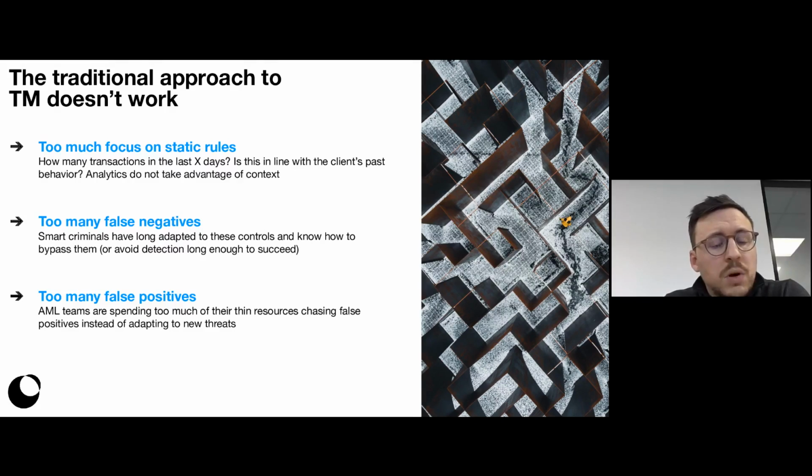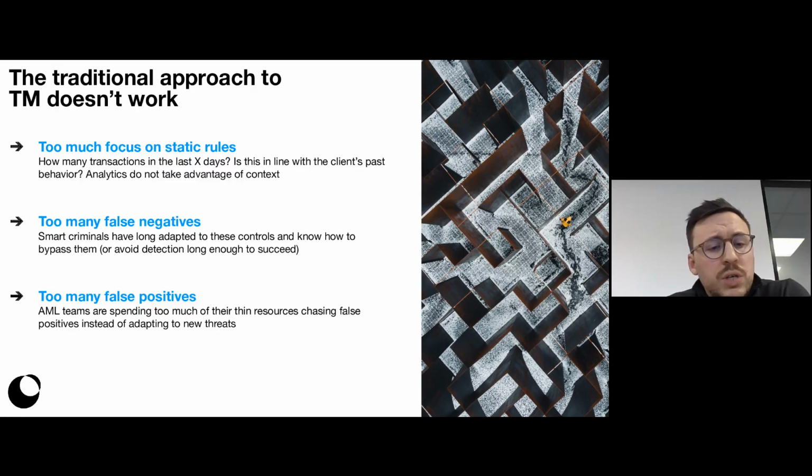Smart criminals have long adapted to these controls and know how to bypass them, or to avoid detection long enough to succeed. What we see is that those networks evolve usually faster than the static topologies or classifications that banks use to feed their TMS. As such, banks can generate some weaknesses, and can be blind to certain kinds of dynamic evolving patterns.